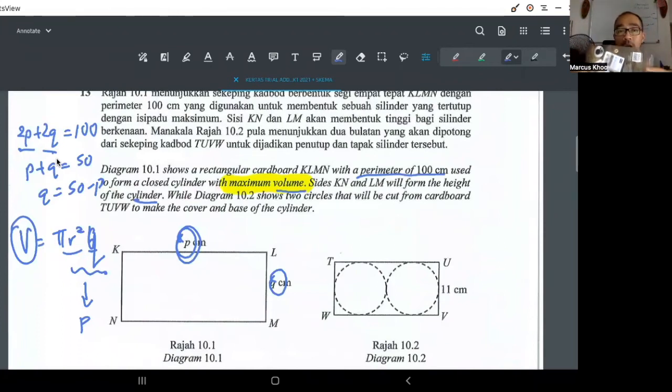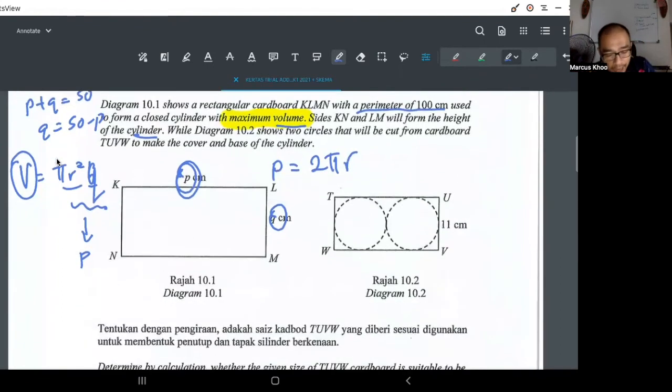Let's say this is the whole of P. If I roll this up into one circle, the entire length of P has become the circumference of the circle. So I can say that P equals 2 pi r, which is the formula for the circumference of the circle. So r equals P over 2 pi.